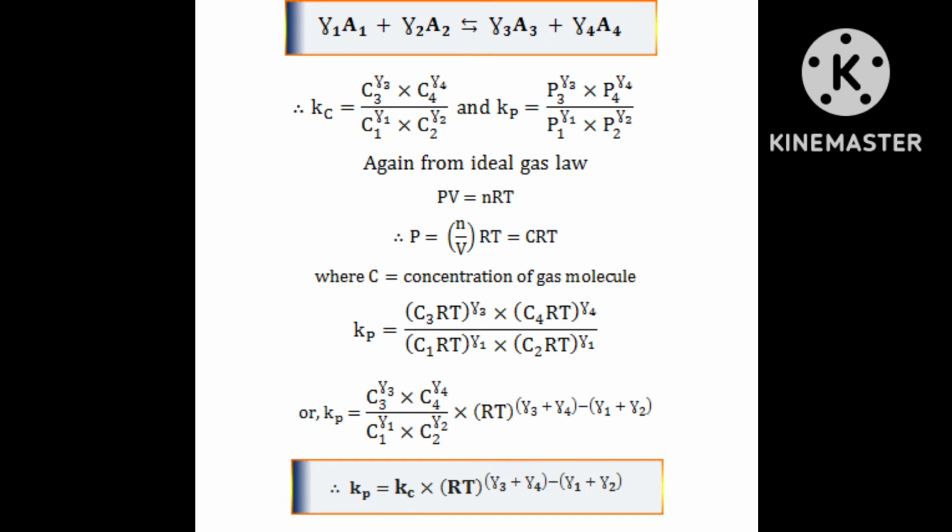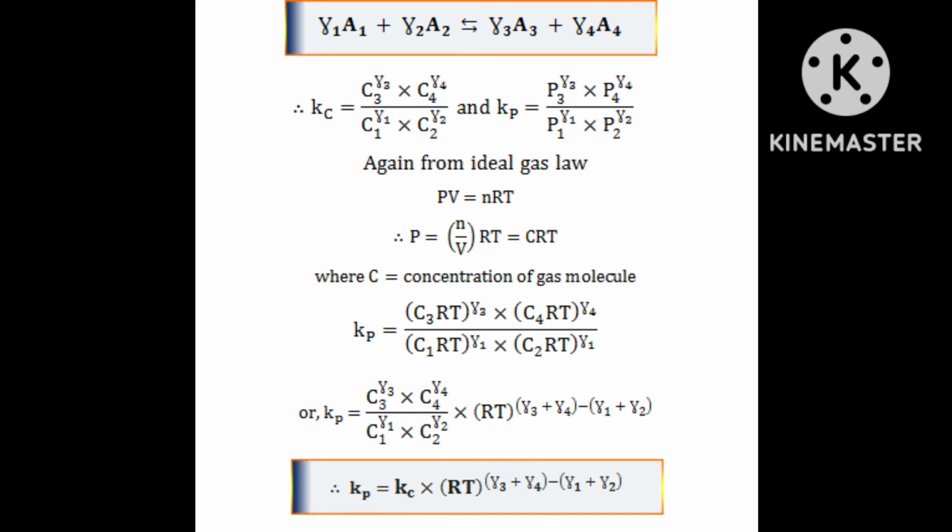Because the chemical reaction you are writing, the number of moles of reactant will not always be equal to the number of moles of product. Here 1 mole, 1 mole reactants were there, you got 2 mole product, but always it is not true.